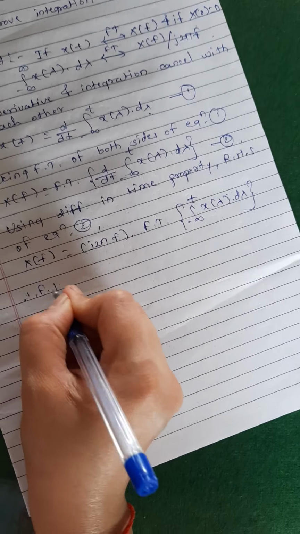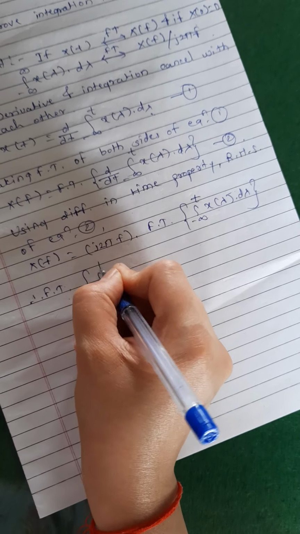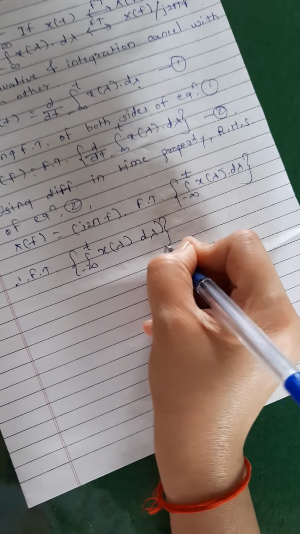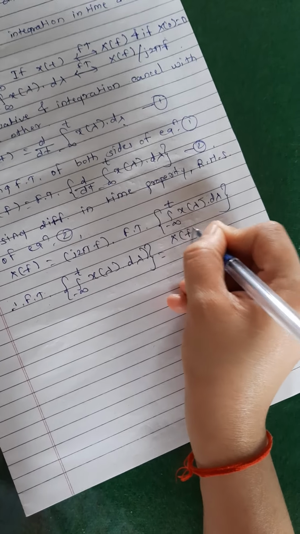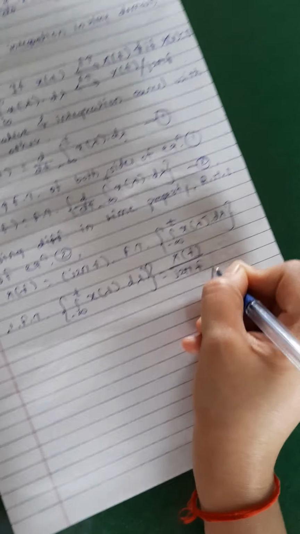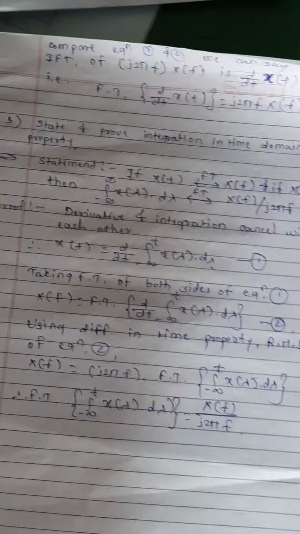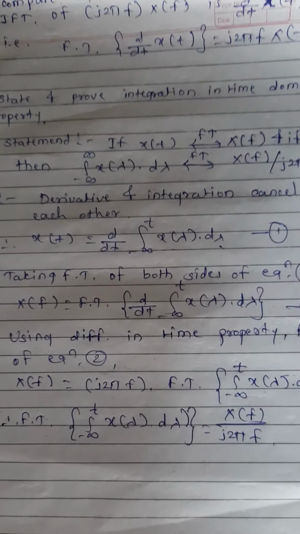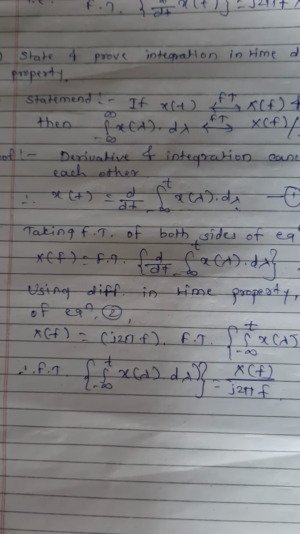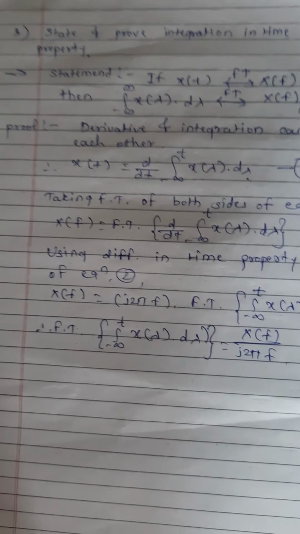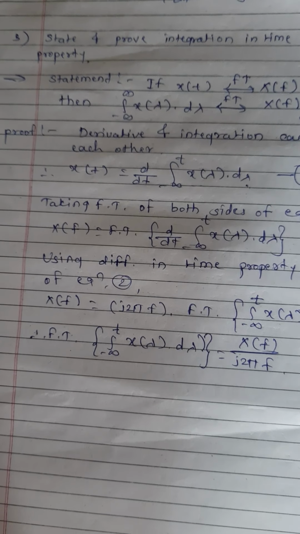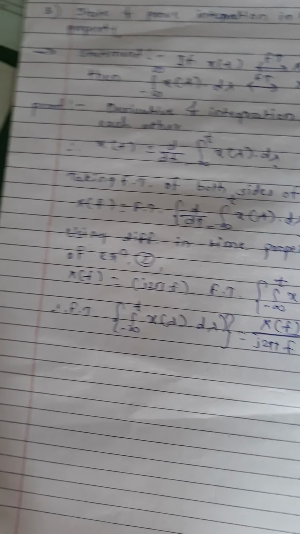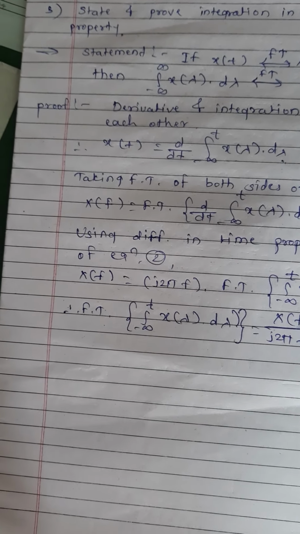Therefore, the Fourier transform of the integral from minus infinity to t of x of lambda d lambda is equal to X of f divided by j2 pi f. So the integration in time domain is equivalent to the division of the Fourier transform by j2 pi f. That is, it is equivalent to the compression of high frequency components in frequency domain.